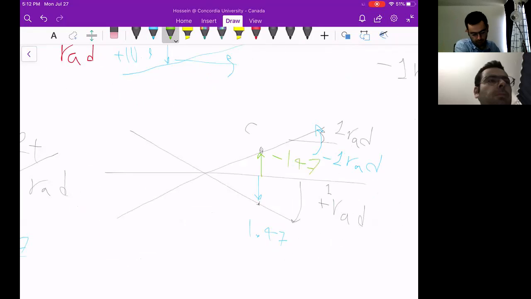So this is how you can obtain the natural mode shape.